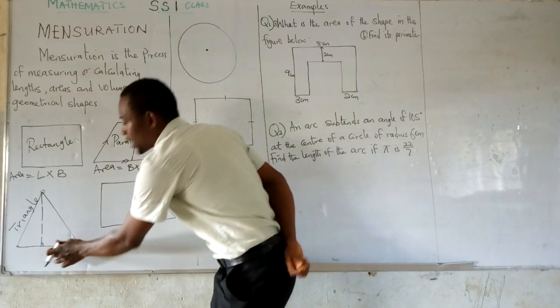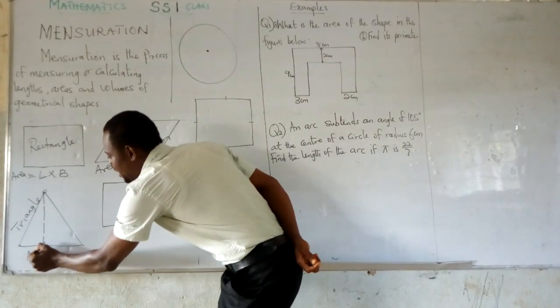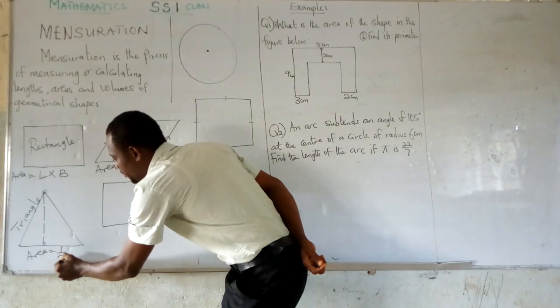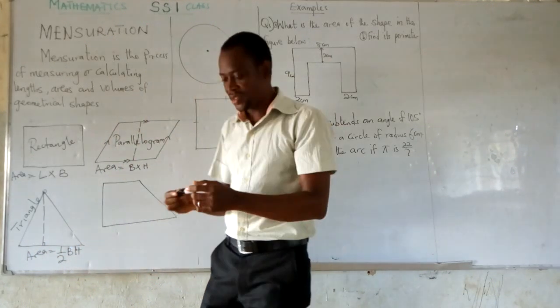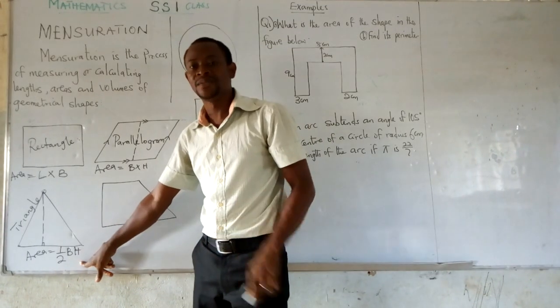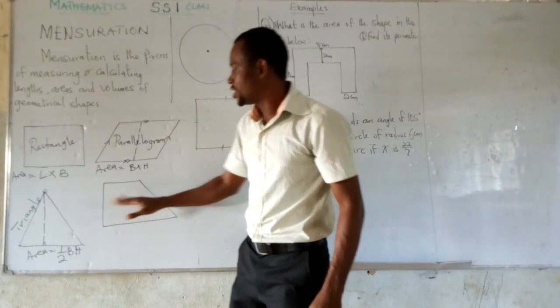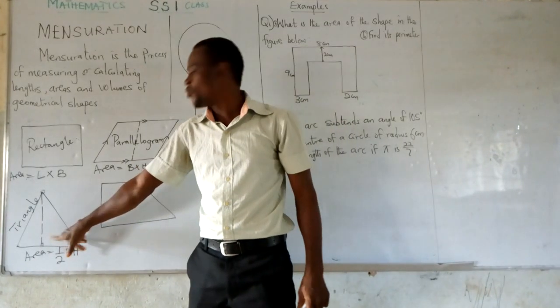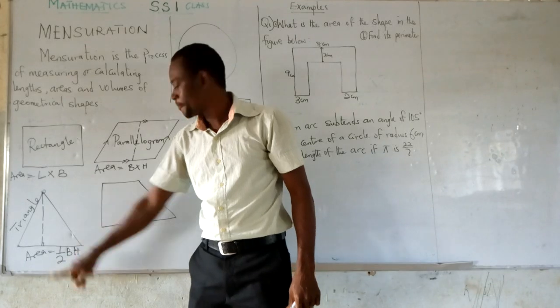To calculate the area of a triangle, the formula is simply half times base times height, regarded as half base times height. This is where angle is not involved; when angle is involved, we may extend this formula.